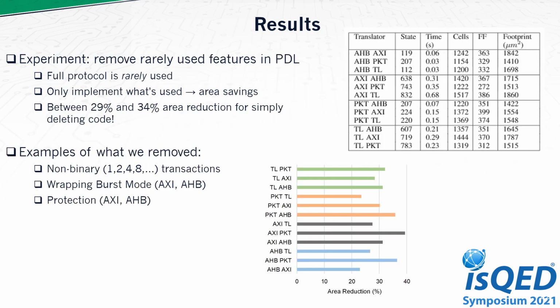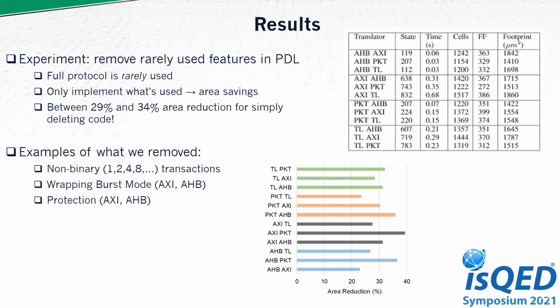One advantage of automating translator generation is the ability to customize what functionality of the protocol your IP uses. This is especially useful when you consider that most features in a large, complex protocol are rarely used. So as an experiment, we remove rarely used features in the PDL code for all the translators and rerun the flow.